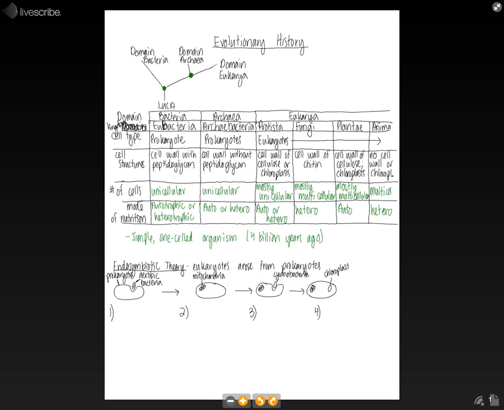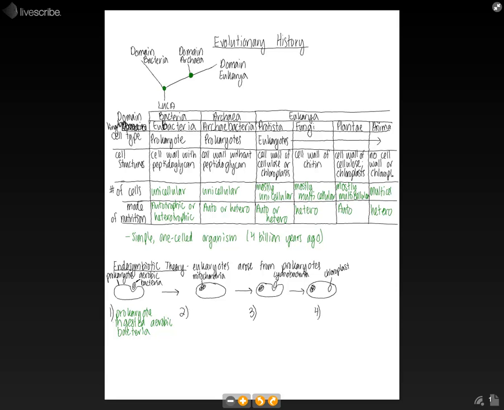And so we started out with a prokaryote, drawn here, and this prokaryote ingested an aerobic bacteria, and that was the first step to how this happened.